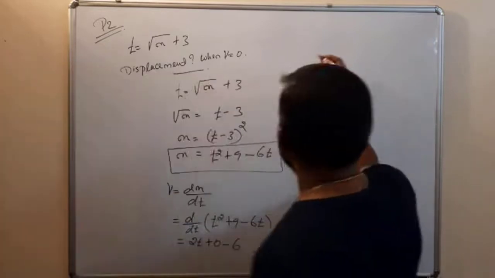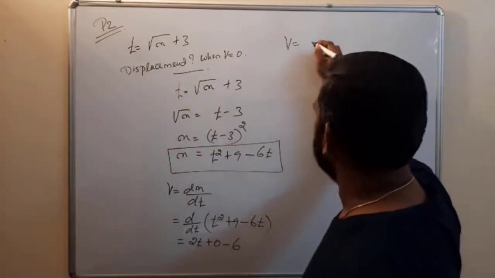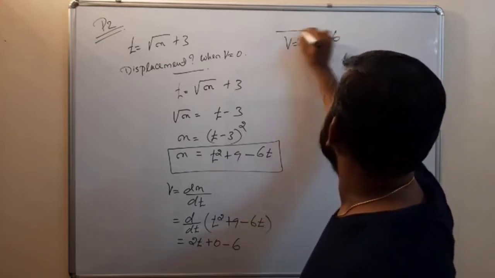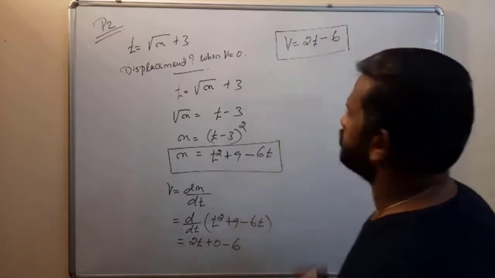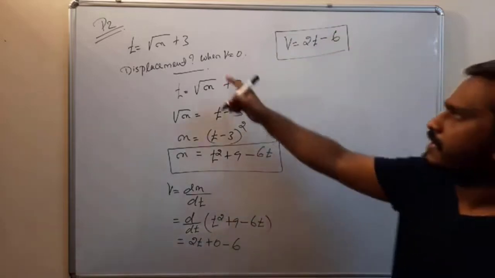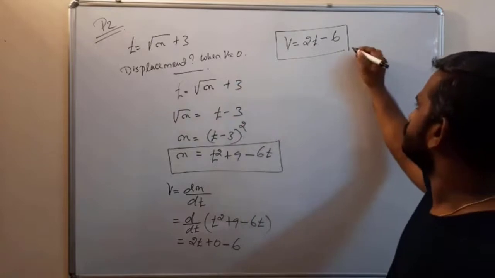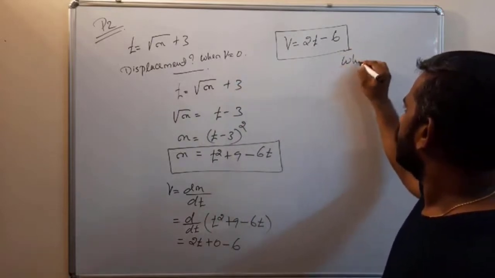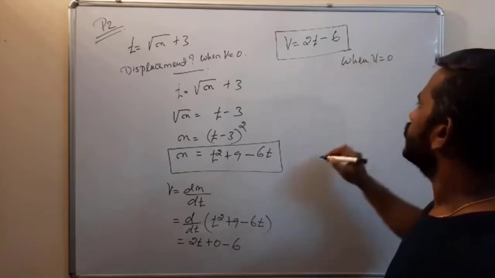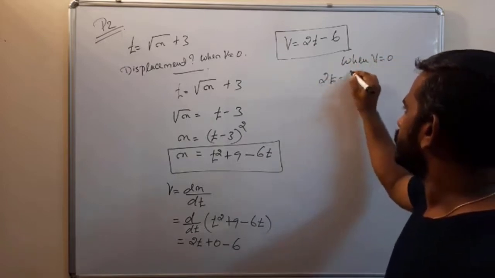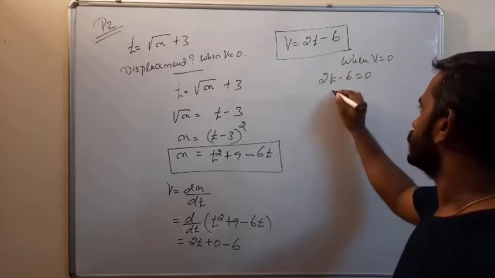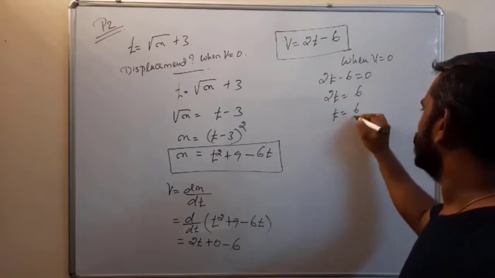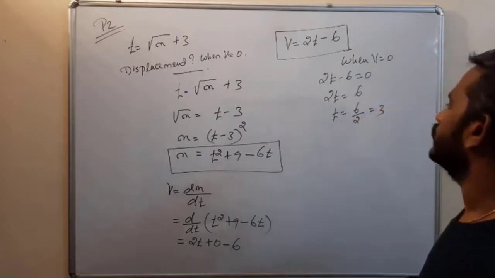So velocity is equal to 2t − 6. When v is equal to 0, 2t − 6 equals 0, 2t is equal to 6, so t is equal to 6/2, that's equal to 3.